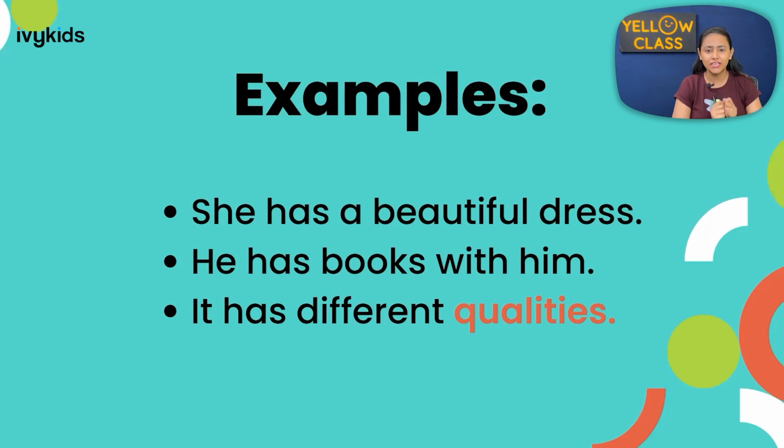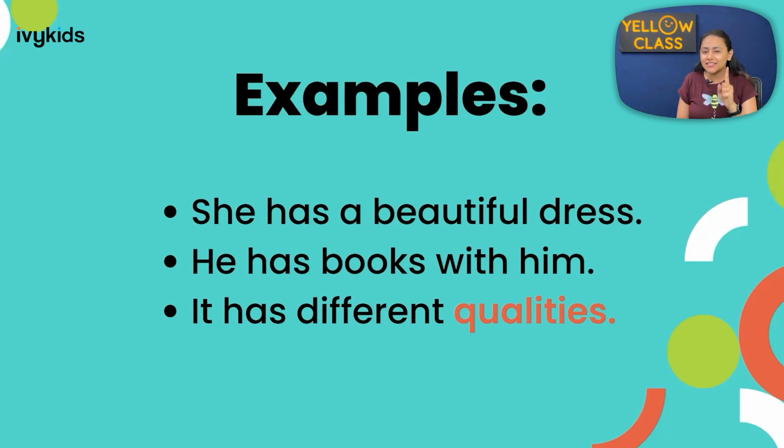Okay, so we understood with the help of some examples when to use has. Superb. Did you notice that word? Qualities. It's red in color. Do you want to guess why it's red in color? What's so special about the word? I know my kids, stay curious to learn and grab lots of knowledge.